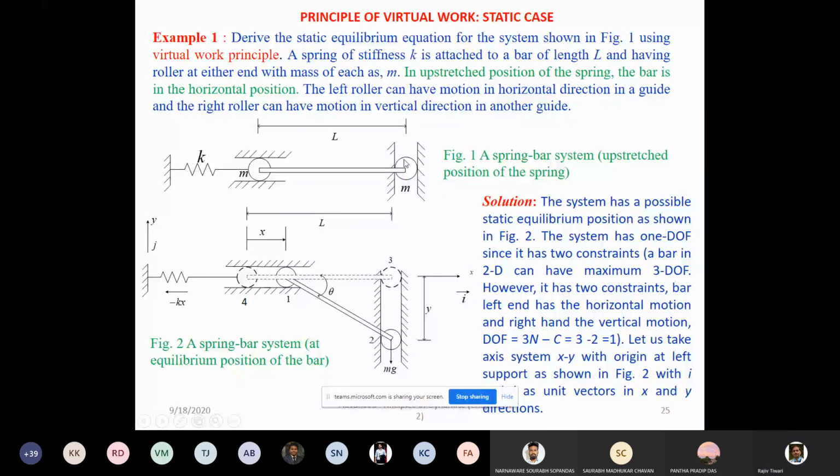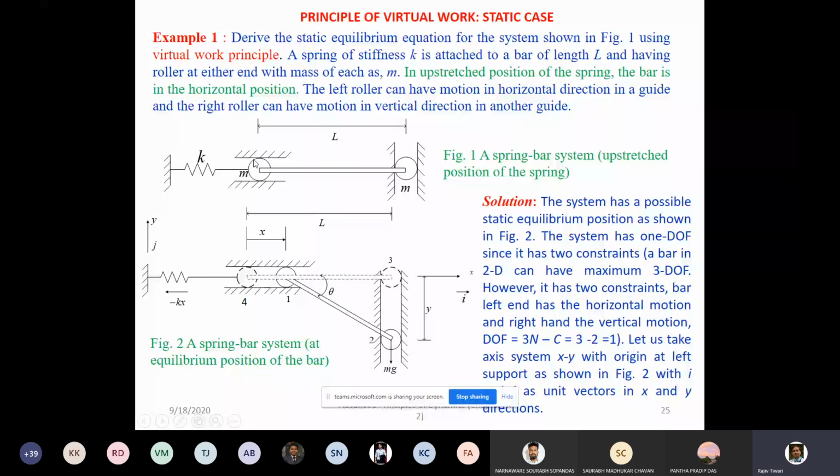So this is the unstretched position of the spring, because the gravity is acting. If we leave this system, it will occupy some equilibrium position. Because of gravity, it will pull downward, so the spring will get stretched like this.